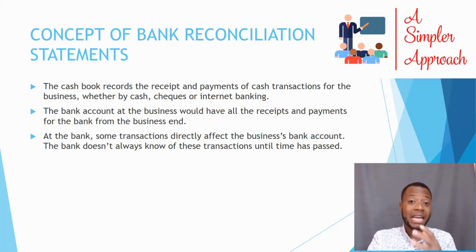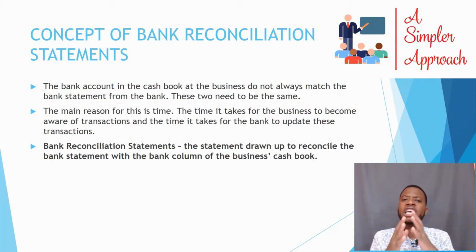So what we find happening here is a situation where, for the main reason of time, the bank account in the cash book at the business and the bank account at the bank are not saying the same thing.